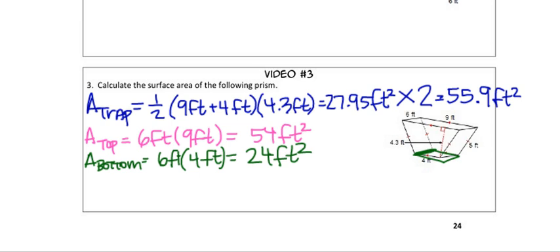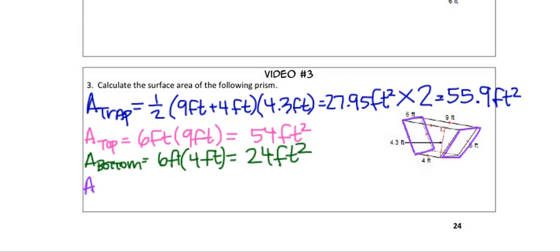And finally, the last sides to look at are going to be the two slanted lateral faces, so 1 and 2. These are rectangles. They are congruent rectangles whose measures are 6 feet and 5 feet.